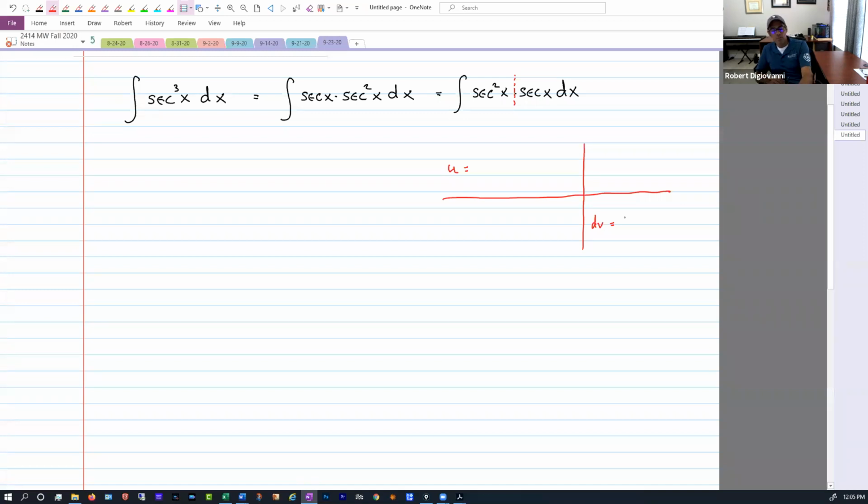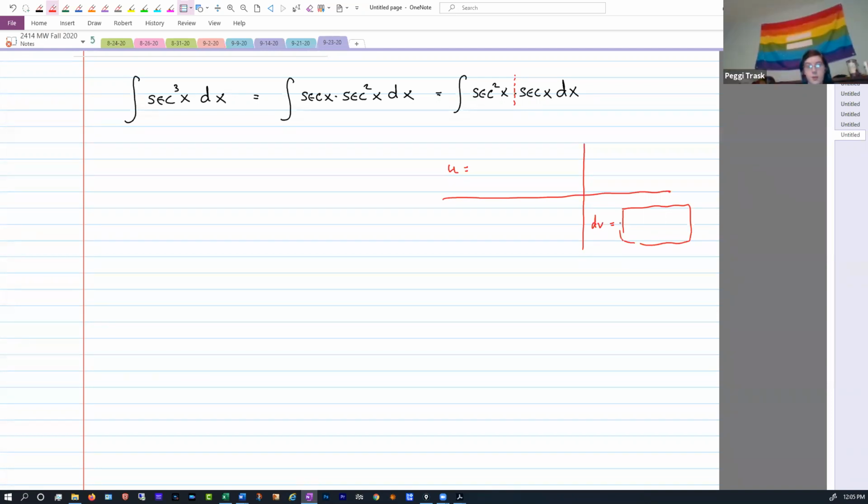I would recommend you look at the dv part first. What would you rather find the antiderivative of? Secant squared or secant? Secant squared. That's right, because the antiderivative of that is tangent. Good job, okay? So I think it's a natural place to stick the secant squared x here.